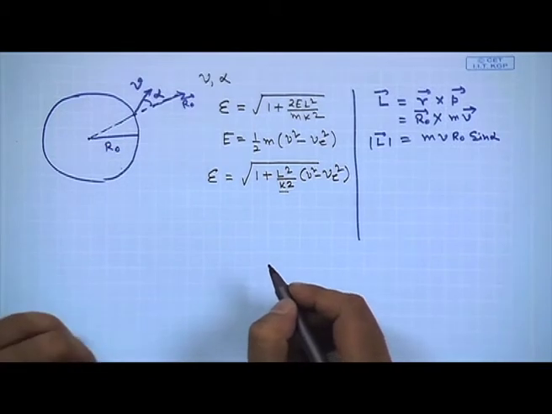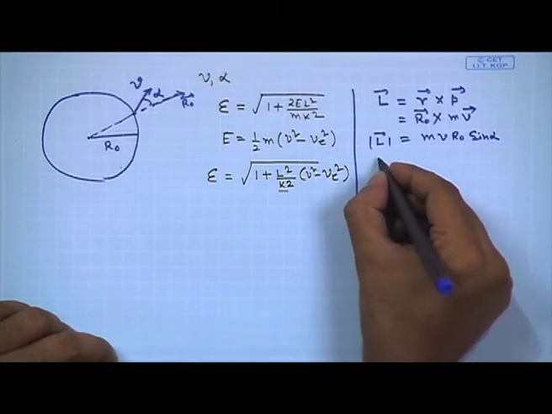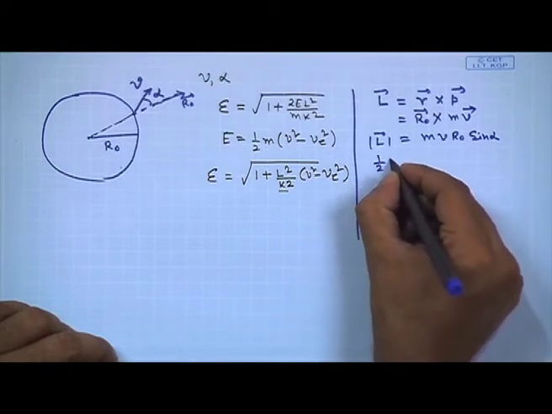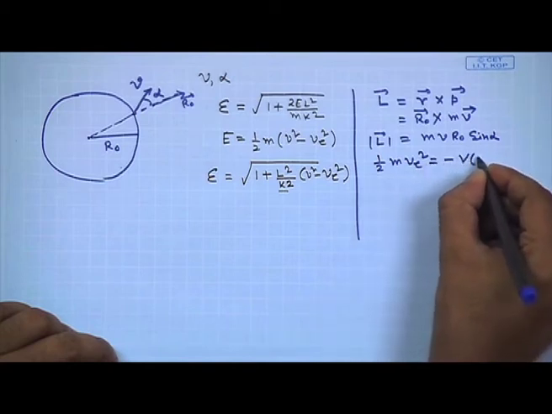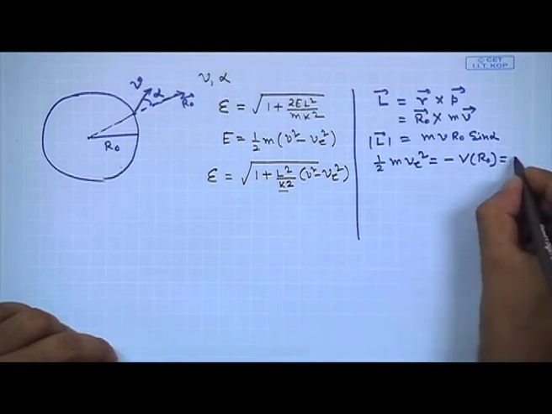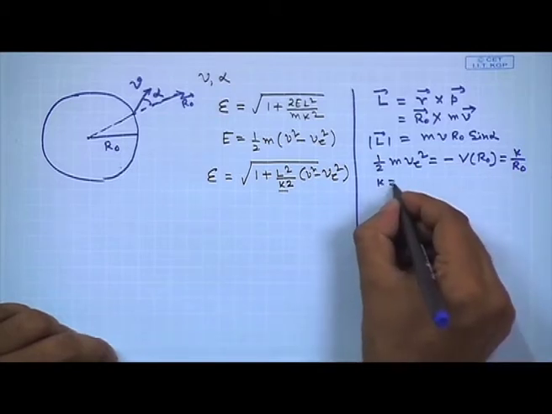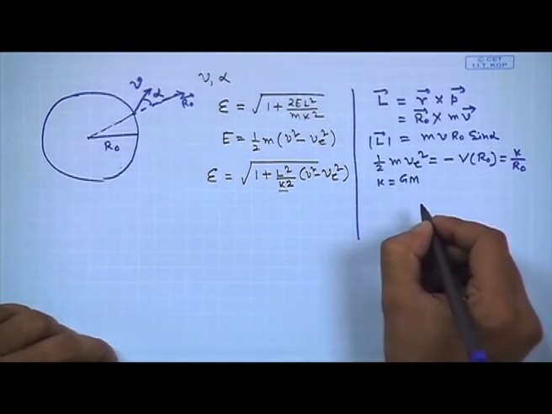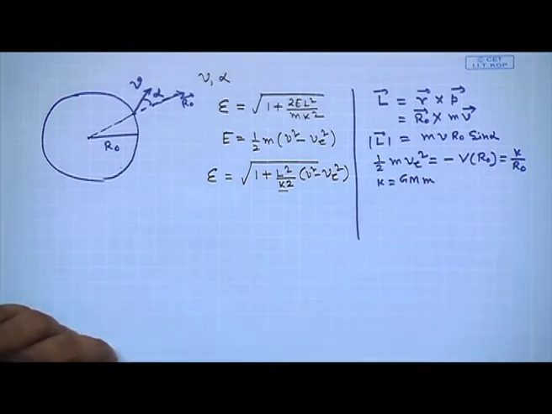Similarly, k can be replaced by the expression half m v e square is equal to minus V of r0, which is given by k by r0, k being the force constant, right. Now, actually we know that k is equal to G M m, but we are not writing it in the explicit form.